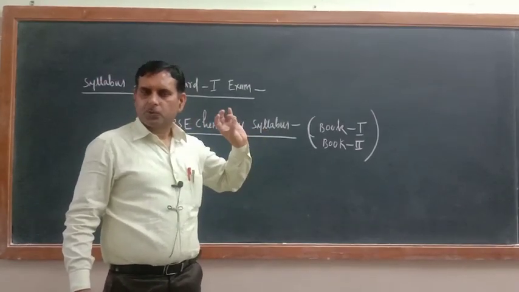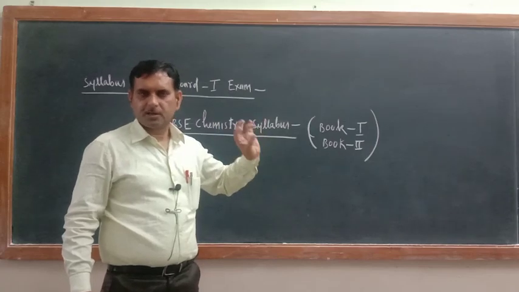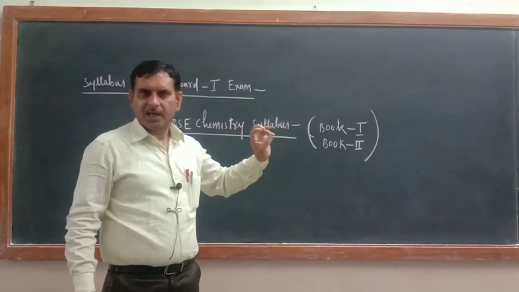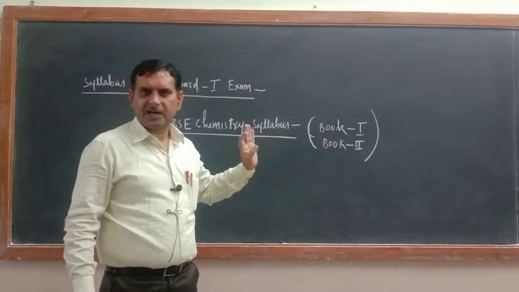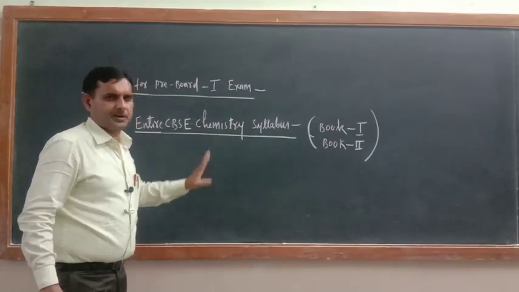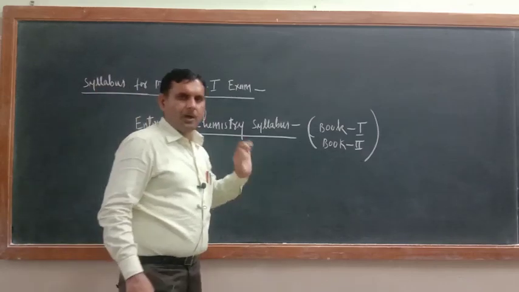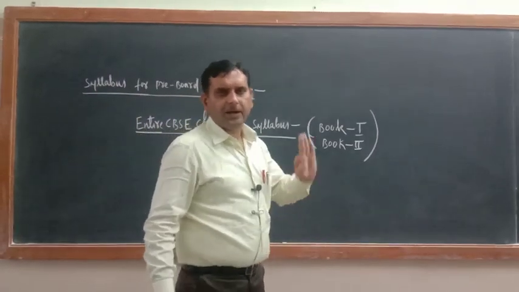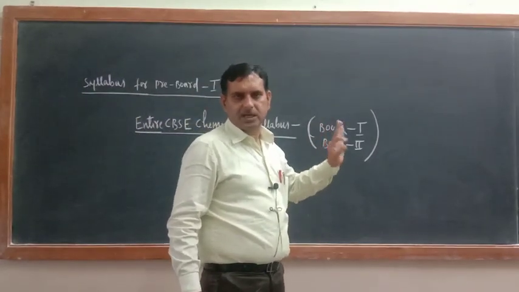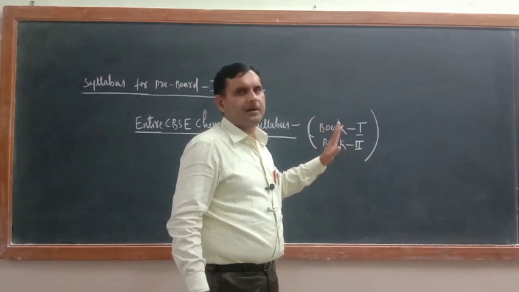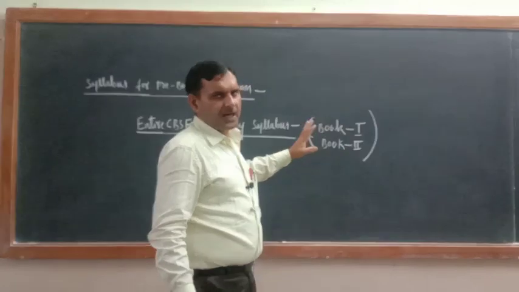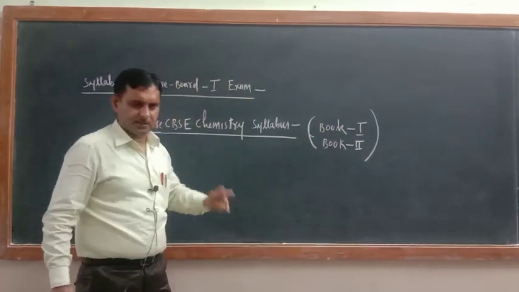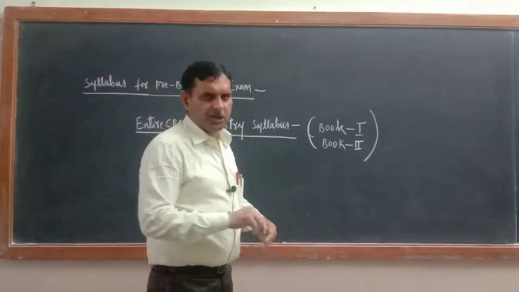Because 3 units, amines (aliphatic and aromatic), biomolecules and solid state, are yet to be completed. Don't worry. I told you till aldehydes, ketones and carboxylic acids. By then I will complete most of the portion, almost all of the aldehydes, ketones and carboxylic acids.